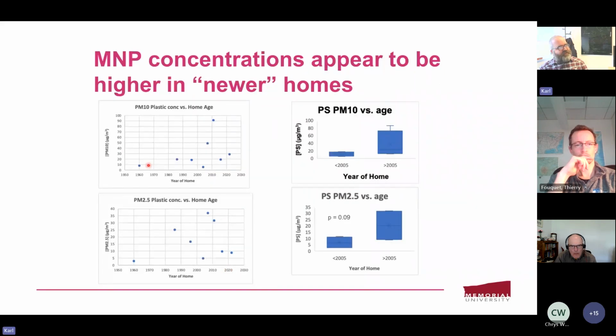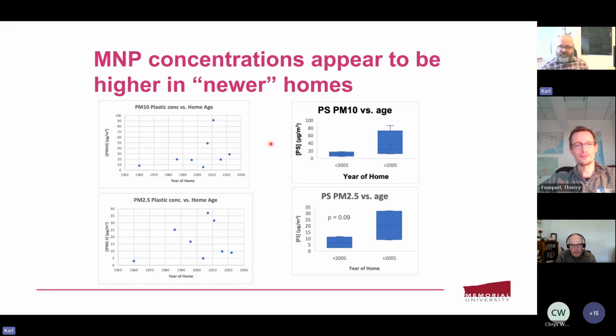This is just a quick look at the concentration of the plastics that we observed with respect to the age of the home. And this was rather surprising: there's a loose trend of increasing plastic concentration with decreasing age.